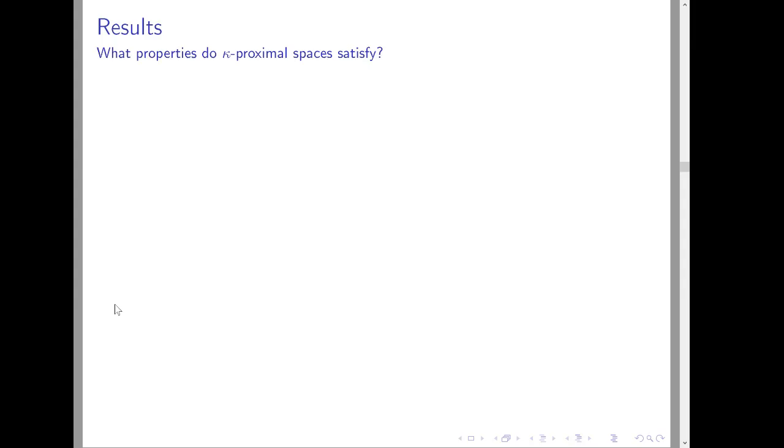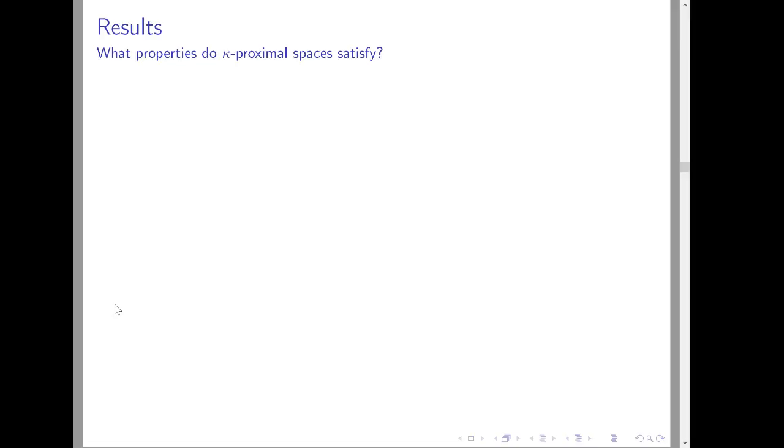Instead of doing that, though, I want to talk more about the results that I have for these spaces. So, kappa proximal spaces, what can we say? Well, I said that proximal spaces, for example, are normal. This kappa proximal property is weaker. So spoiler alert, there are kappa proximal spaces that are not normal.